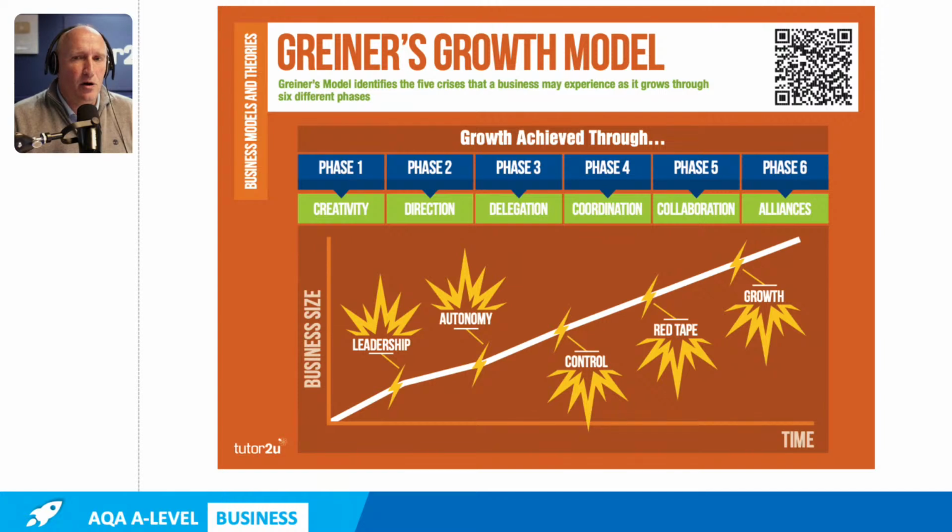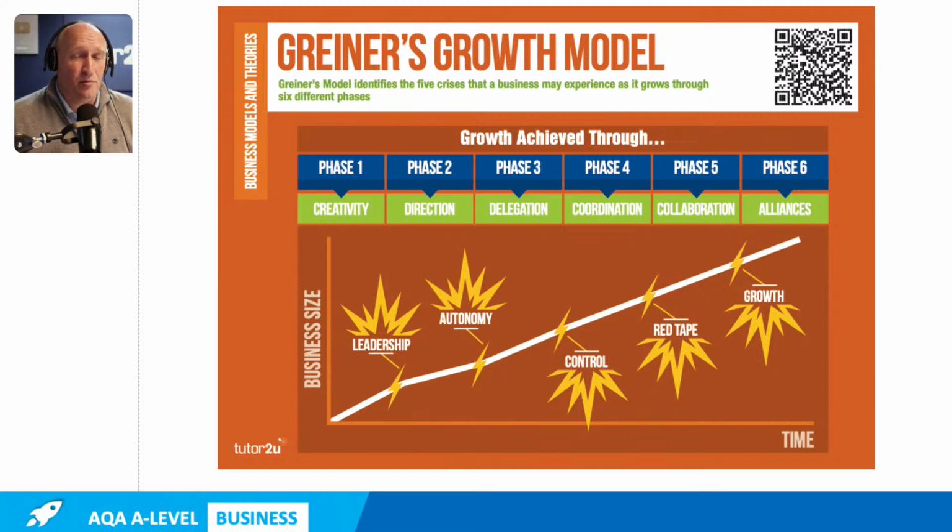It's not an easy model to understand, and that's why it tends to be examined as multiple choice questions, to be fair, because you can get away with a 1 marker on it. Essentially, the argument is this: businesses that develop, either in terms of age, from young to old, and or from being very small to very large, go through a series of phases of growth.